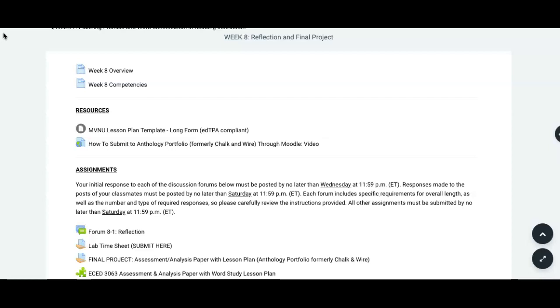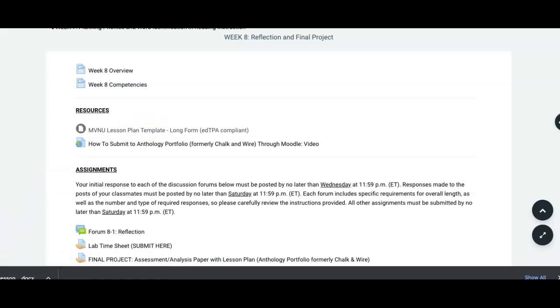In week 7, you were to create a phonics word study lesson plan. You're going to take that lesson plan and put it on the MVNU lesson plan form.